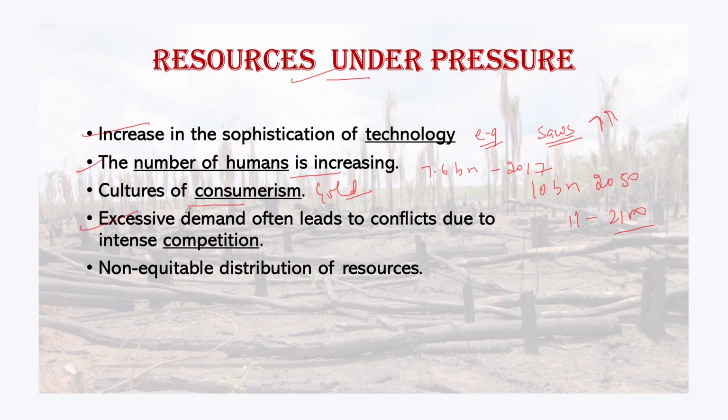So excessive demand often leads to conflicts due to intense competition. Organizations such as Global Witness and the United Nations have documented this connection that we talked about. And next, why is there pressure? Because there is non-equitable distribution of resources. Somewhere a lot of resources are there, and somewhere there are lesser resources.